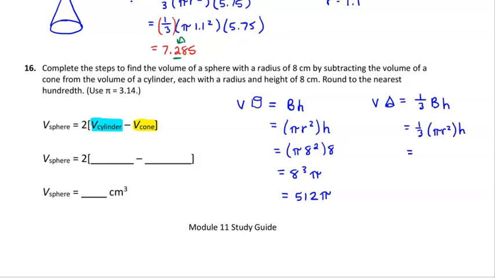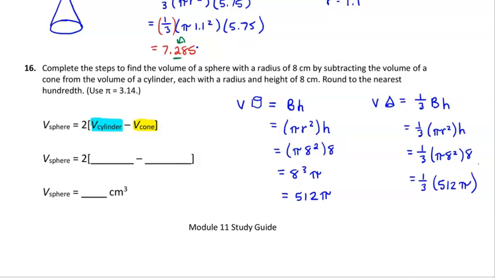And then they told us that the radius and height for this one is also 8 and 8. So we've got 8 squared times 8 again. And so we know that 8 cubed is 512. So that's 1/3 of 512 and then pi.